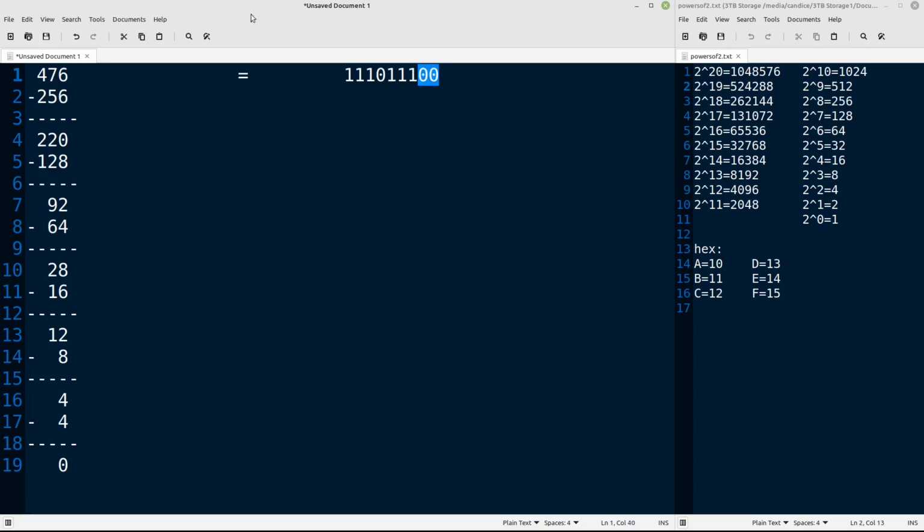We need those, so we know where the ones sit, right? They're placeholders. But the leading zeros are assumed. This is 0 infinitely in front of it. So 476 in decimal, we get 111011100. Make sense? Let's do another one.